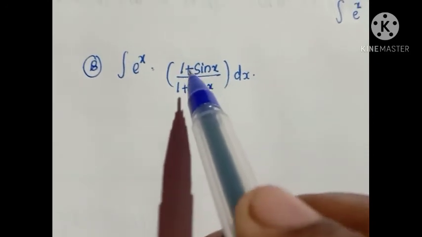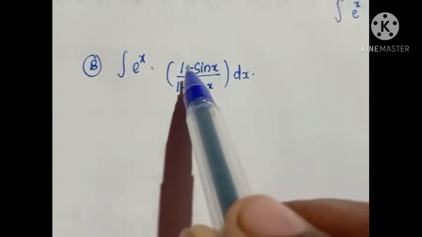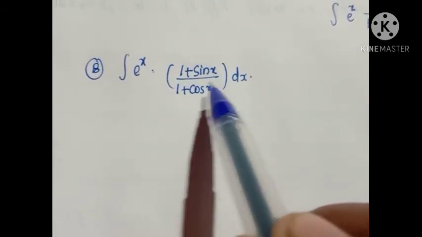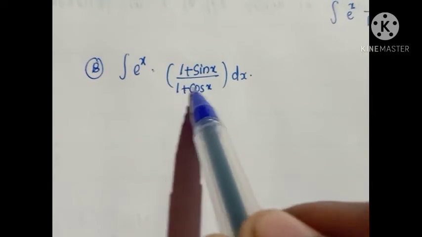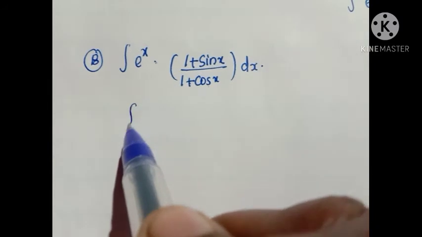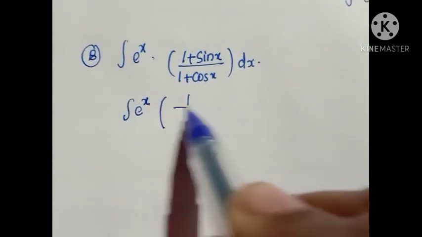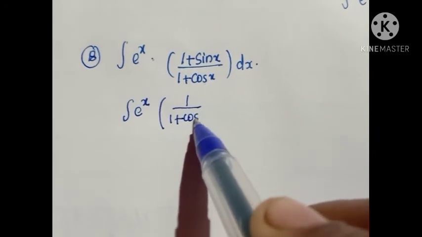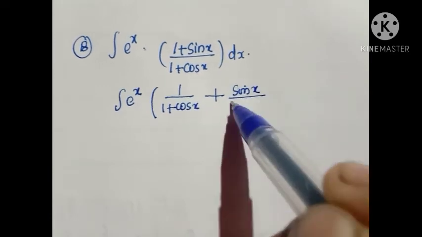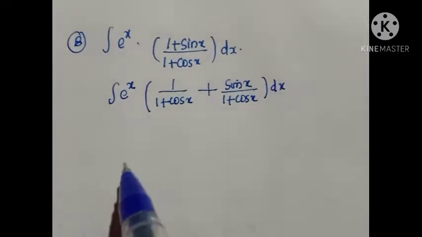For this, in the numerator there are two terms. So the first step is to separate these terms into two, giving the denominator separately to these two terms. So the given integrand becomes e raised to x into 1 by 1 plus cos x plus sin x by 1 plus cos x. We separated the terms.